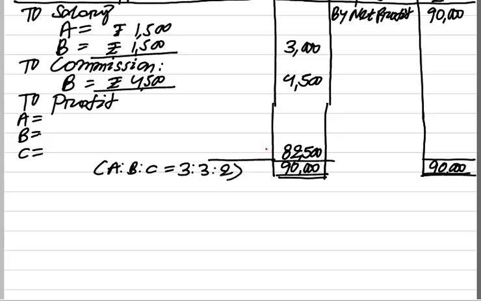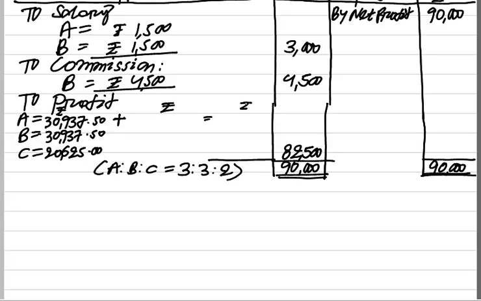So distribute this 82,500 among A, B, C as rupees 30,937.50 for A, 30,937.50 for B, and for C it is 20,625.